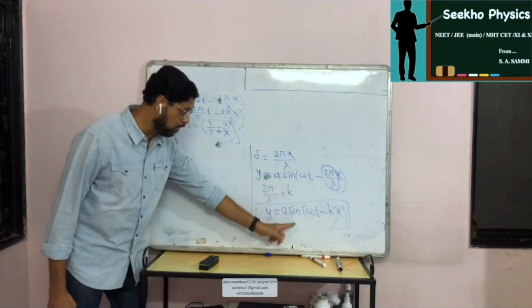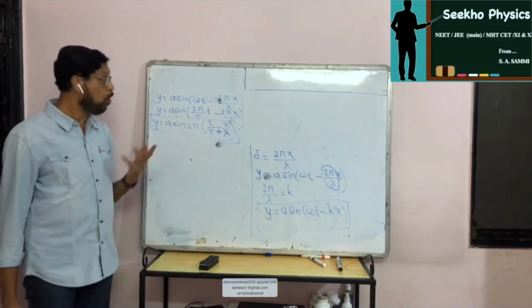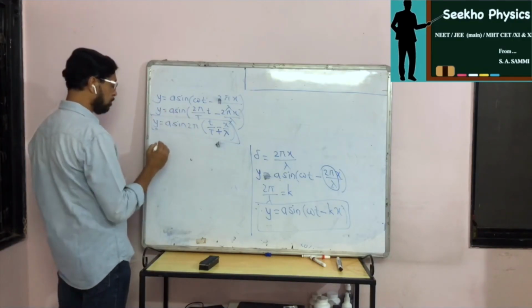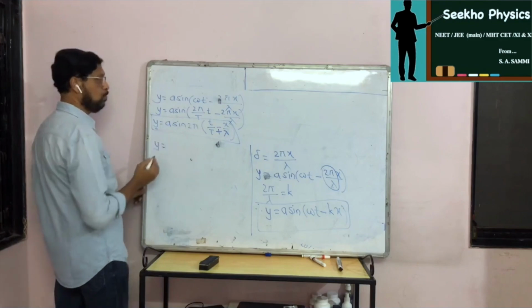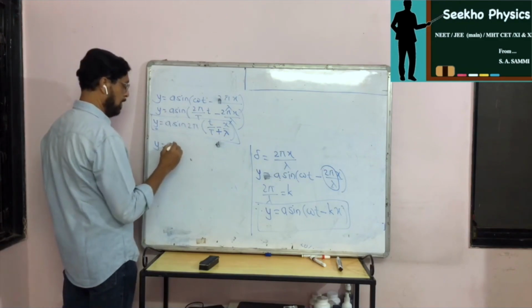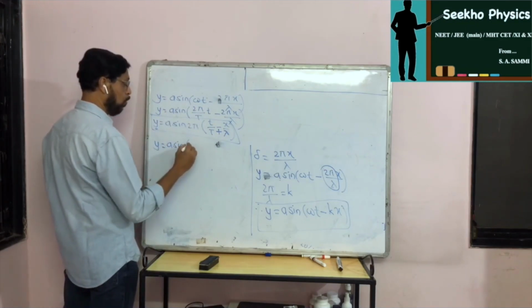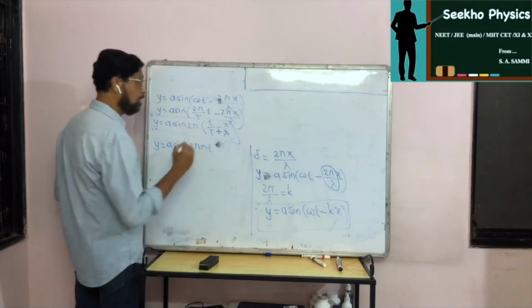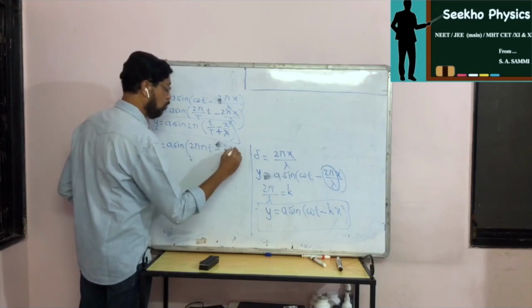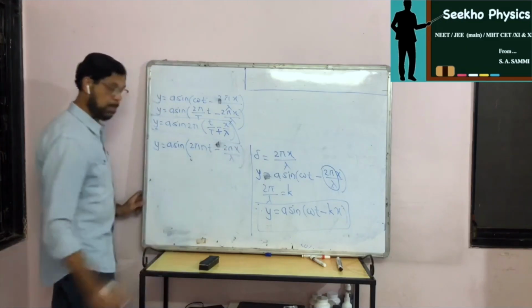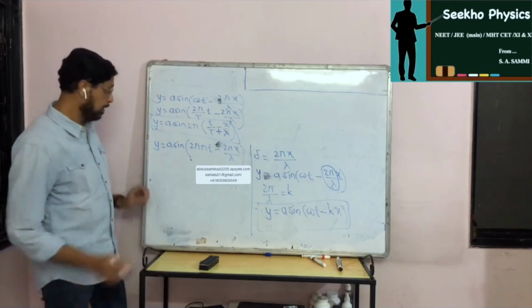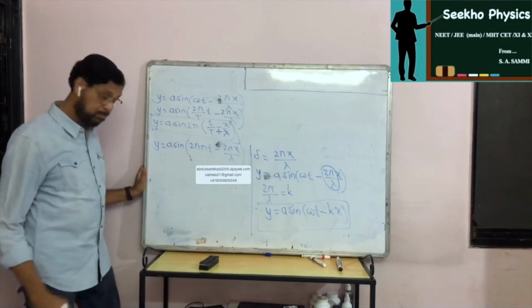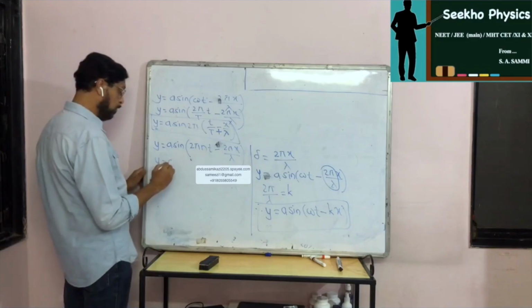So this is the equation of a simple harmonic progressive wave. This form or this form or this form, or from here again we can say y is equal to इथून a sine omega, म्हणजे 2 pi n into t minus 2 pi x by lambda. Correct? If you take 2 pi n outside, y will be equal to what?